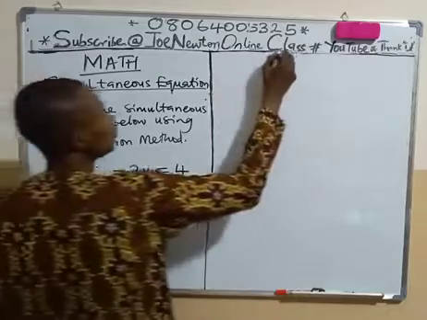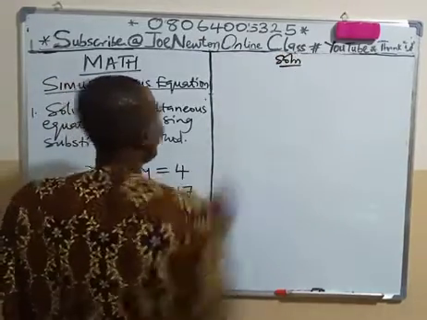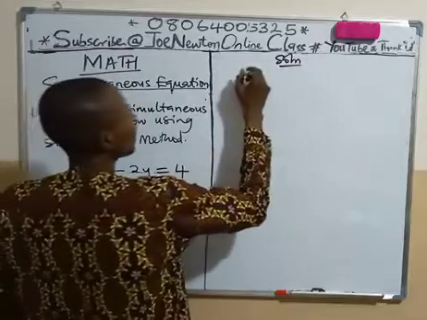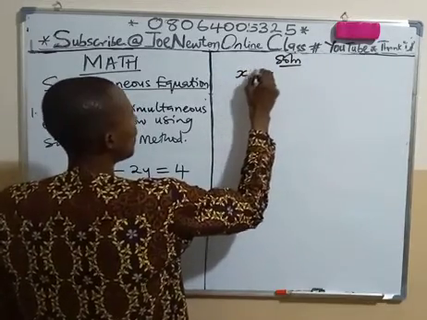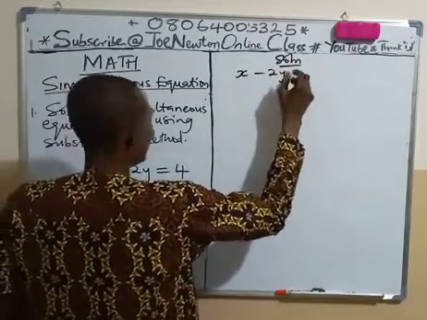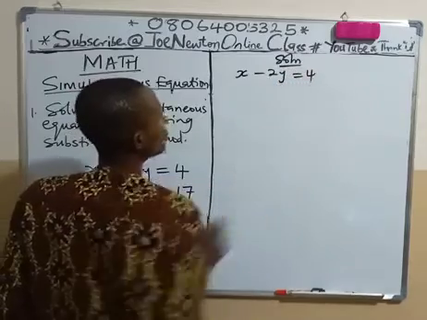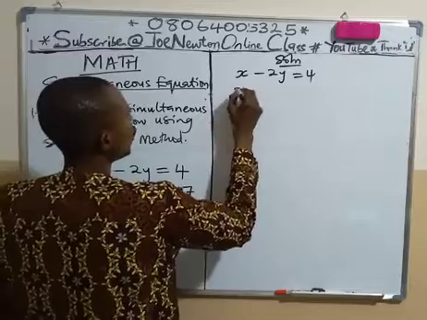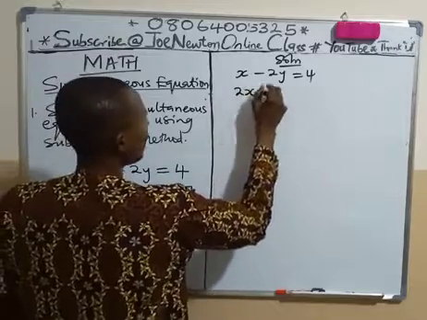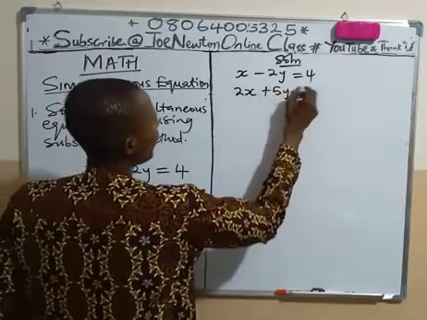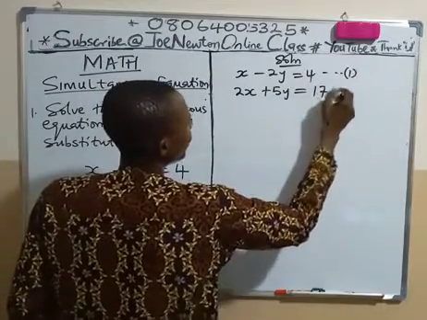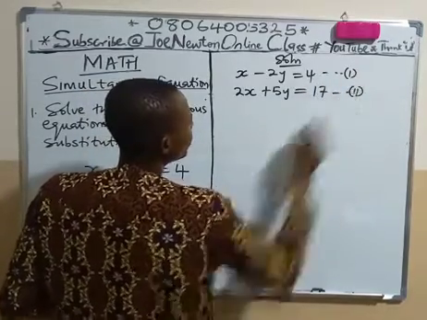Solution. In solving this equation, first of all, we have that x minus 2y is equal to 4, and also, we are given that 2x plus 5y is equal to 17. So this is our equation 1, this is our equation 2.